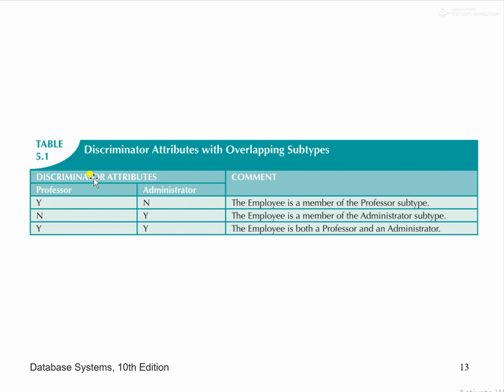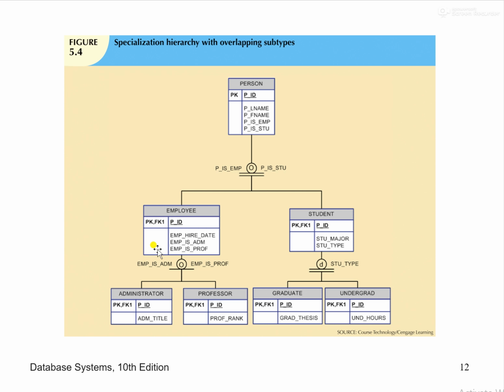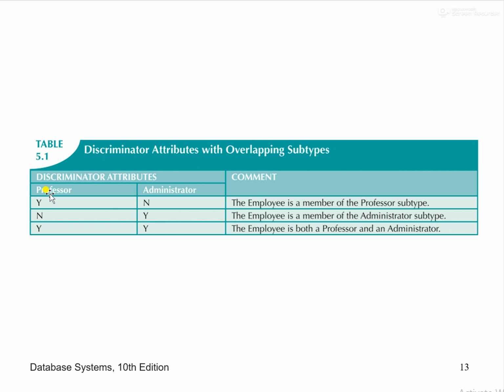Okay, so based on the discriminating attribute, we can find out what type of employee it is. If we see over here, employee and administrator and professor, we have two discriminating attributes, employee is admin, employee is professor. So here we just write if employee is professor or employee is admin.